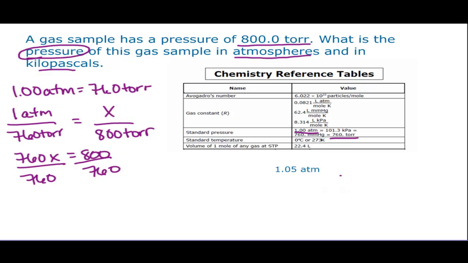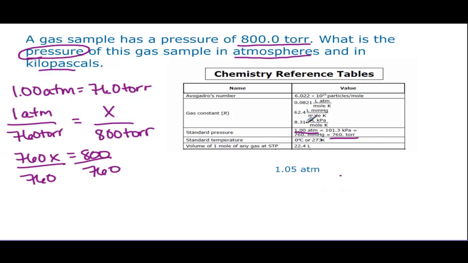Now if we're going to do 800 torr to kilopascals, at this point we have our atmospheres, so we could use atmospheres and kilopascals, or we could go back and use torr and kilopascals. Either way will work. And because I like ATMs, I'm going to go ahead and use that.